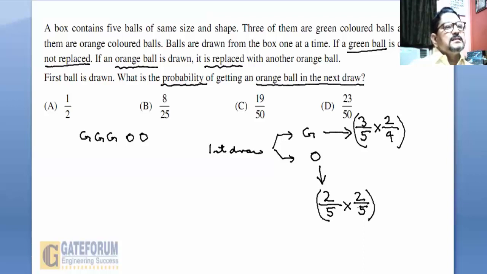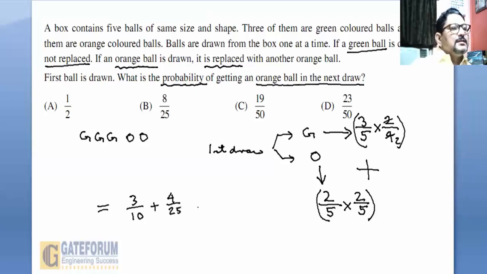So this is the probability had the first pick been an orange. Now both of these are independent events, but they have to be considered. So I will add them up. So the result would be 3 by 5 into 2 by 4, which can be said to be half. So this is 3 by 10. And this would be 4 by 25. So 3 by 10 and 4 by 25.